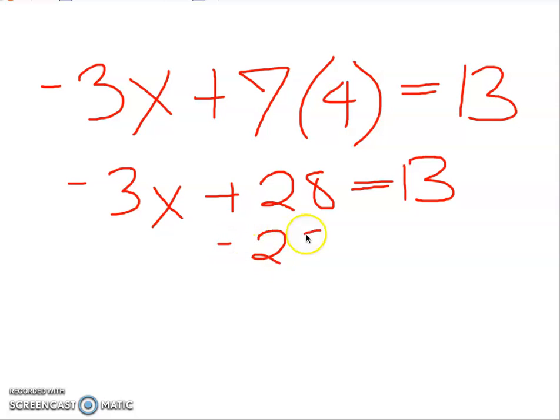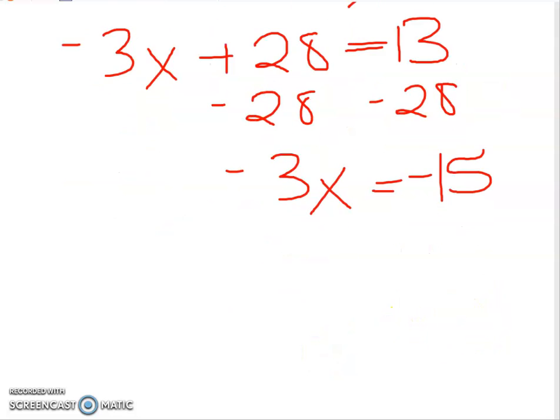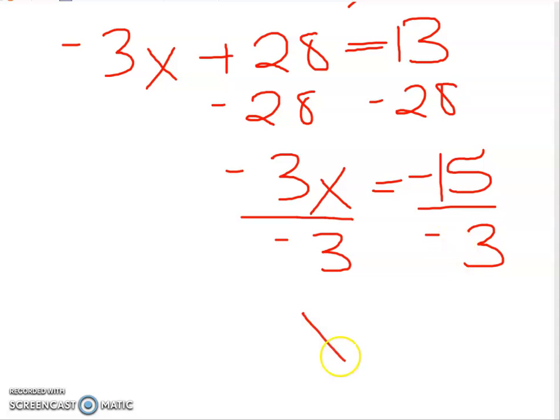And we'll subtract that 28 from both sides. So negative 3x equals negative 15. And because our goal is to get x by itself, we're going to divide both sides by negative 3, because that's the coefficient in front of x right now.